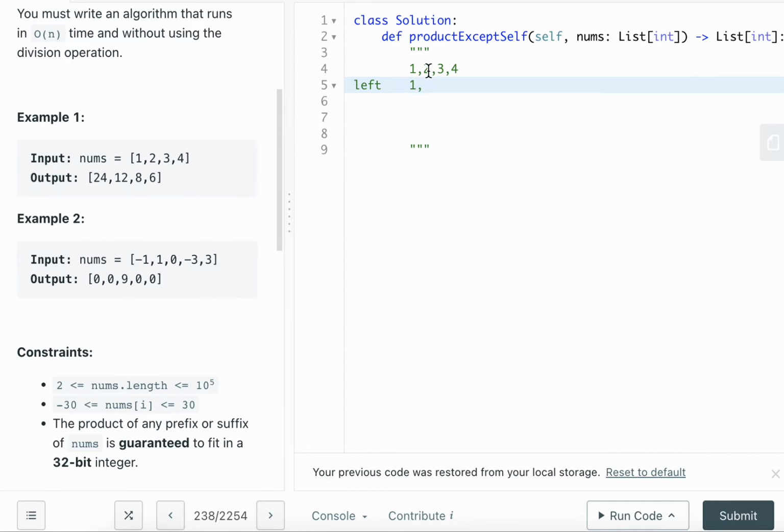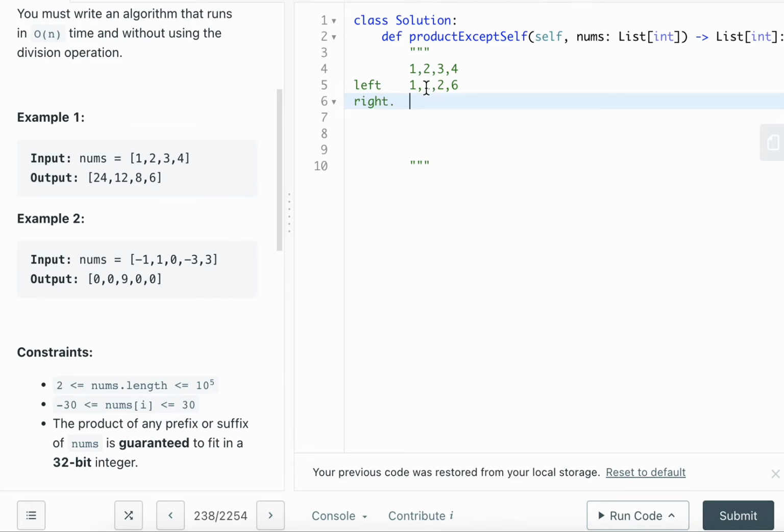And then when we calculate the 2, we want to calculate all its left, and all its left is still 1 because 1 is on the left. And for 3, we want to calculate all its left side, and 1 times 2 is 2, right? And then for the 4, we want to multiply everything on its left side, and that's 6, right?